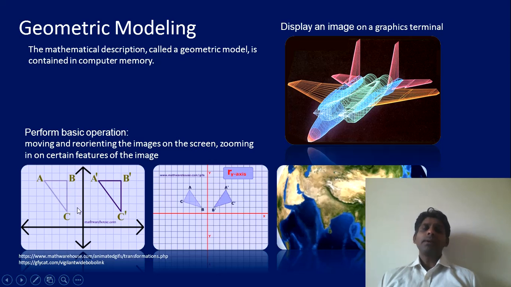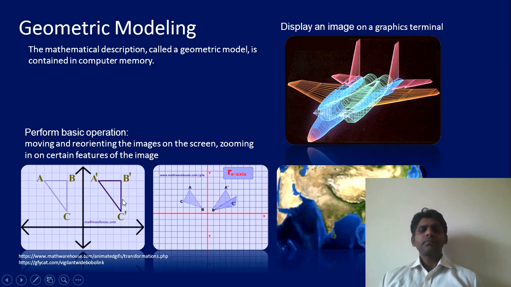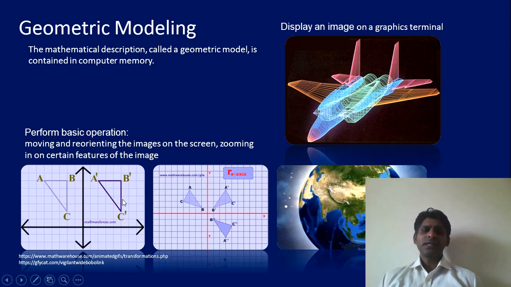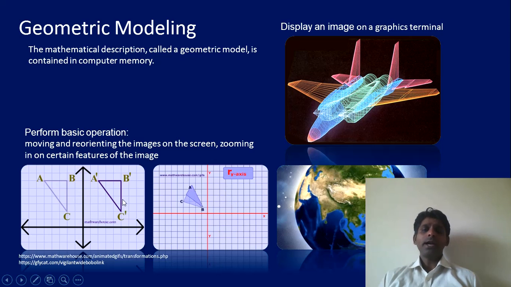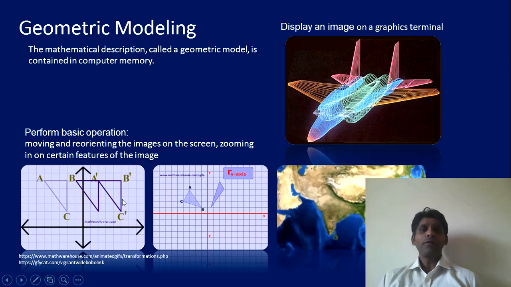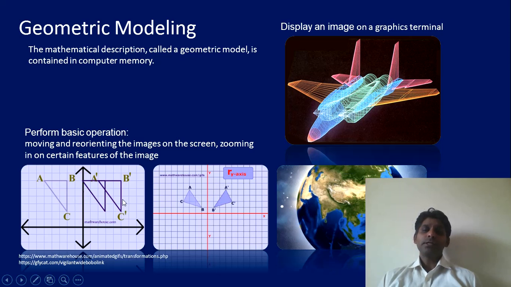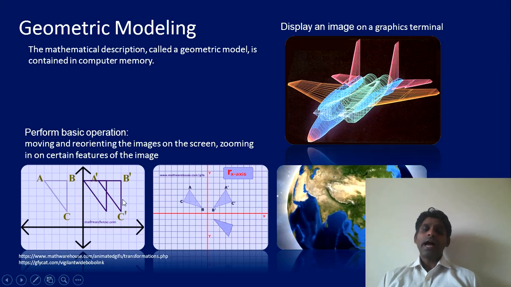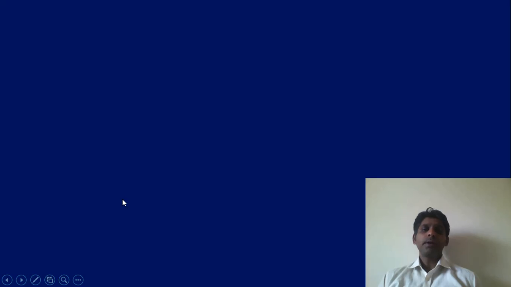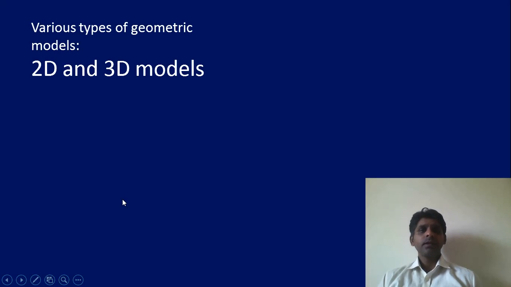Like this, there might be a need for various things which may be provided by the graphics software, and which will help us put our idea in a much better way. Then to speak more about models, we have 2D models and 3D models.